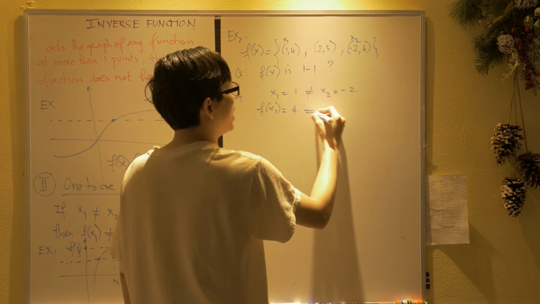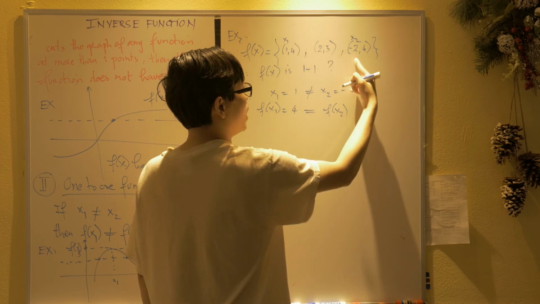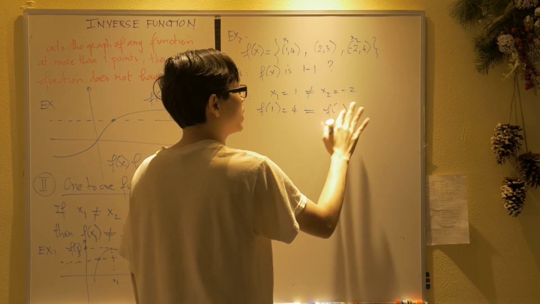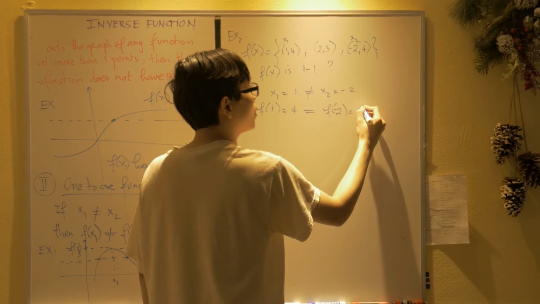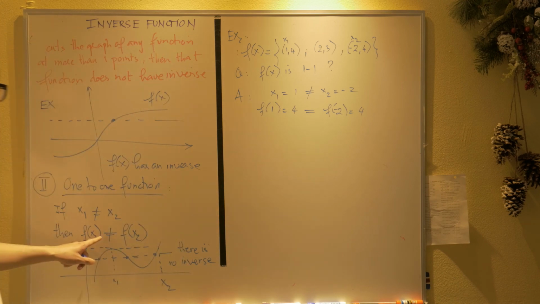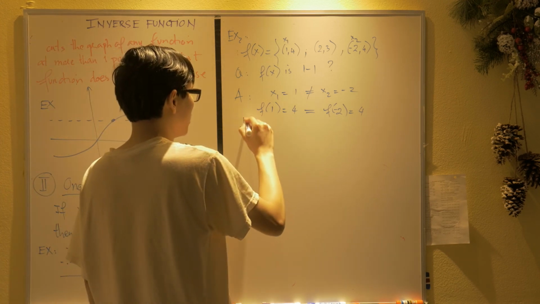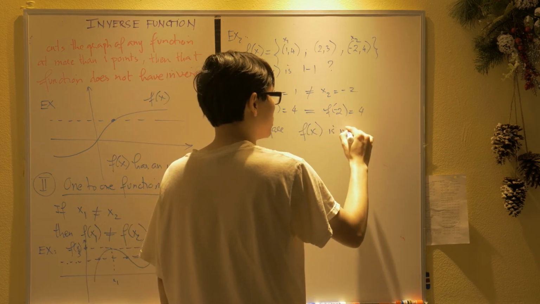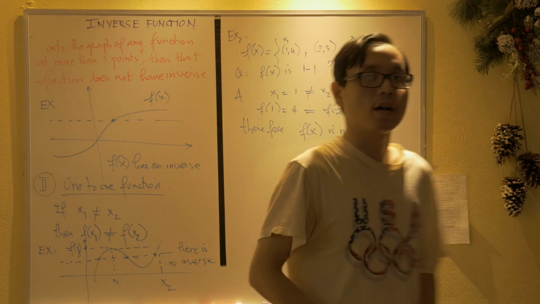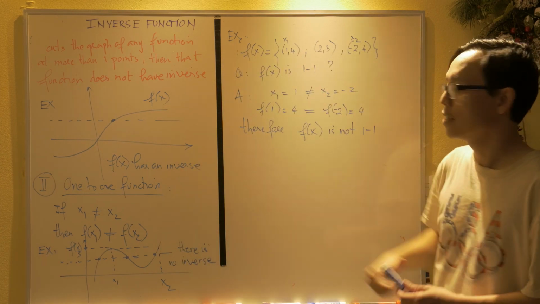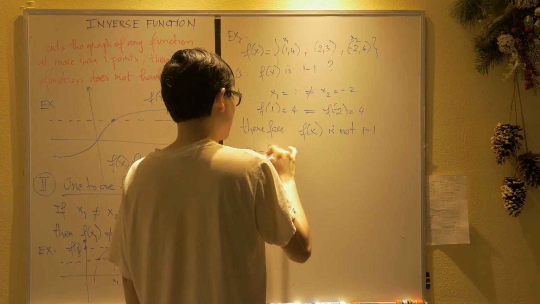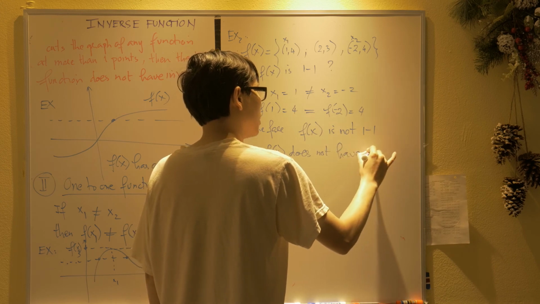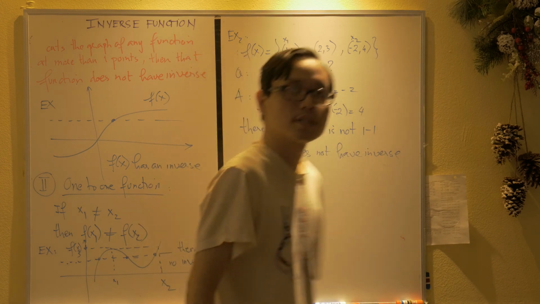It's the same as f(x2), which is f of -2, also 4. So you see that it does not satisfy the condition, and therefore f(x) is not one-to-one. And because it's not a one-to-one function, f(x) does not have an inverse.